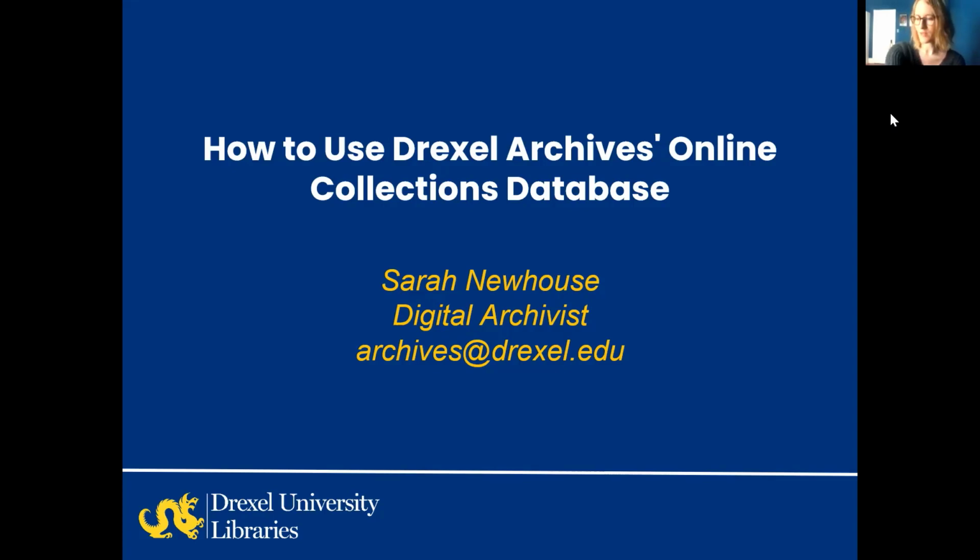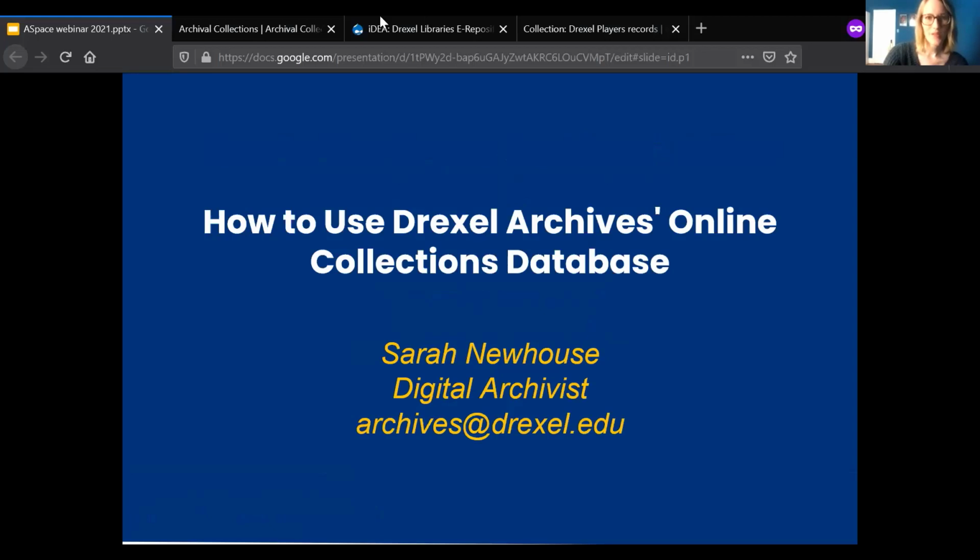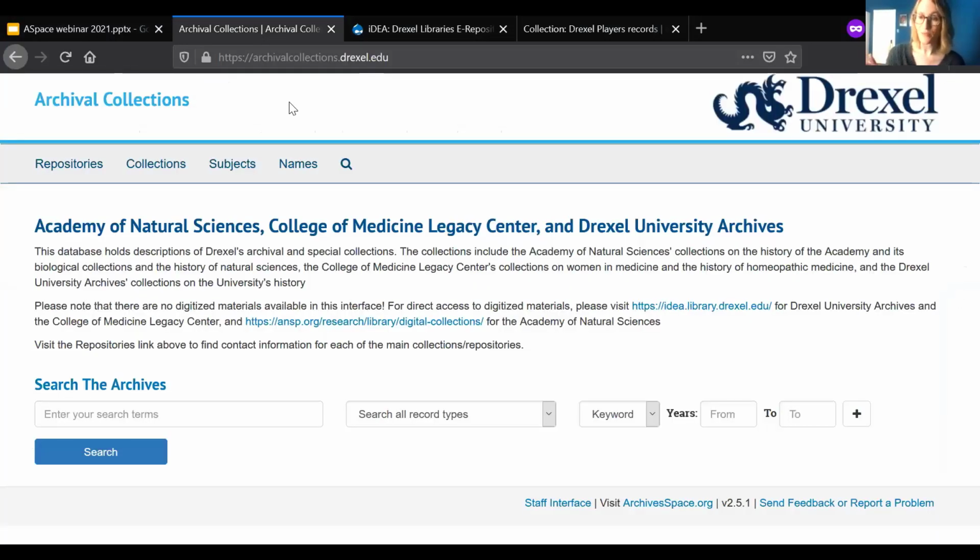So let me switch to my browser. So this is the front page of our Archival Collections database. It lives at archivalcollections.drexel.edu, and it runs on a system called ArchivesSpace, so you may hear archivists refer to it that way sometimes.